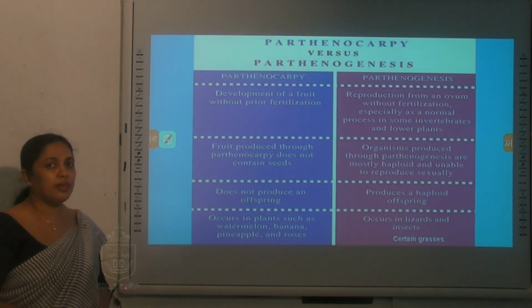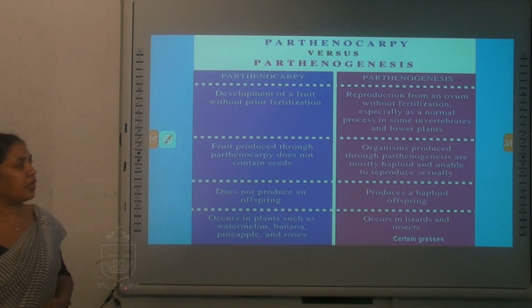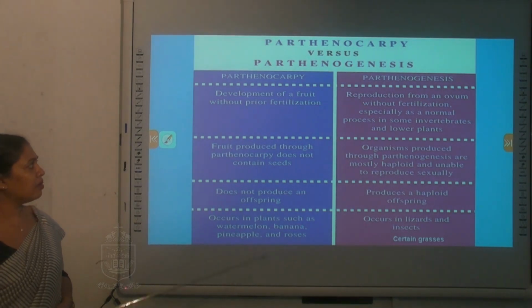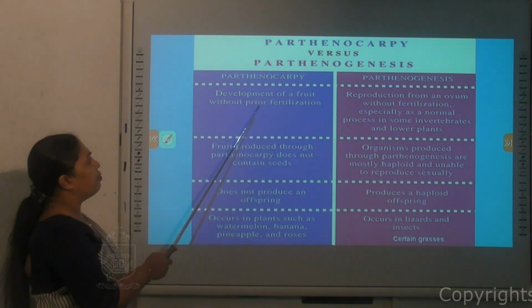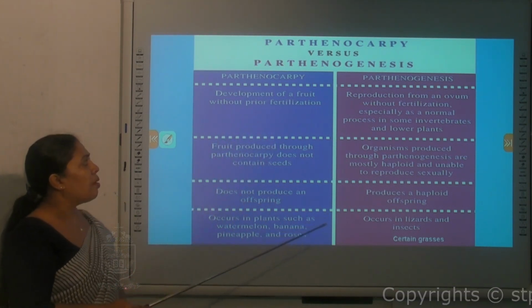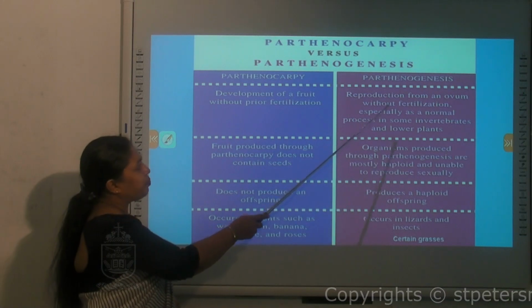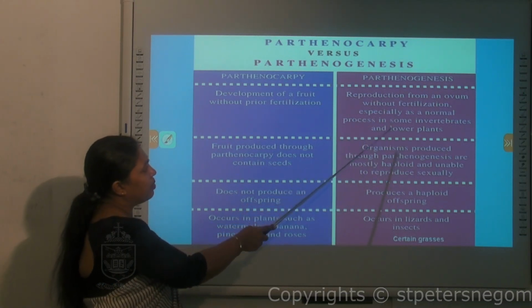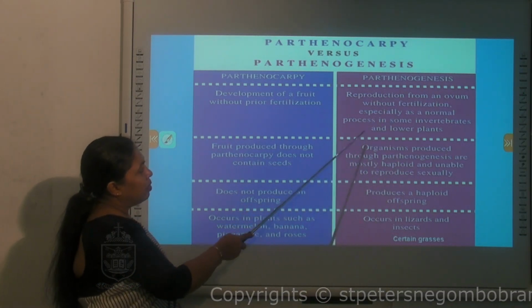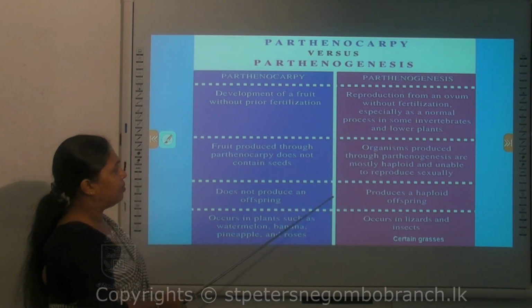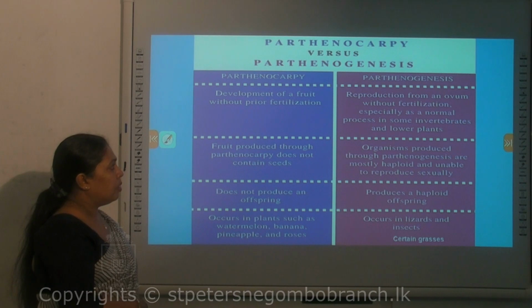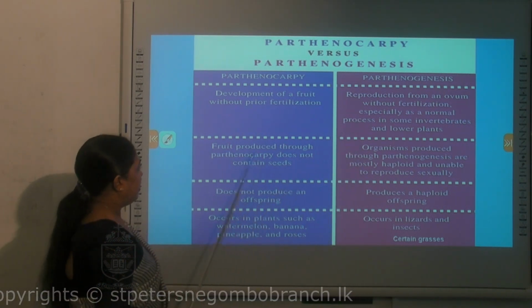So we are going to see the differences between Parthenocarpy and Parthenogenesis. Parthenocarpy means fruit is developed without fertilization. In parthenogenesis, reproduction occurs, and it develops seeds without fertilization.